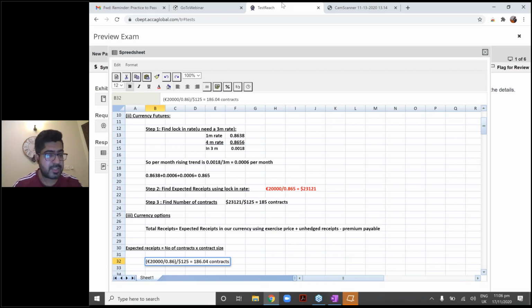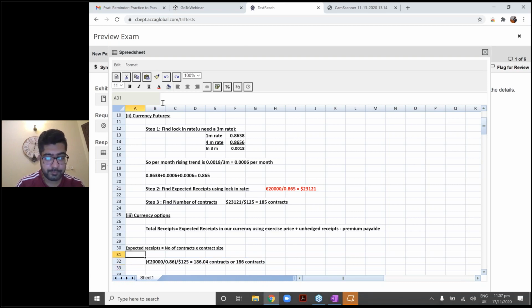No one is going to give you decimal contracts, so you can round up or down, but my strategy is to round down. Take 186 contracts.